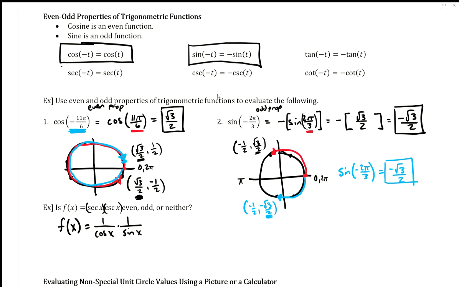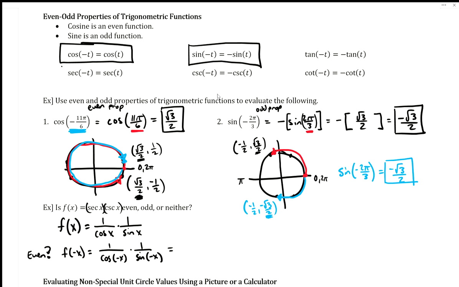If they're asking whether something is even, odd, or neither, for it to be even, they want to see what happens if you plug in negative x. If we plug negative x into these, we're changing the x into negative x, and we get this expression.